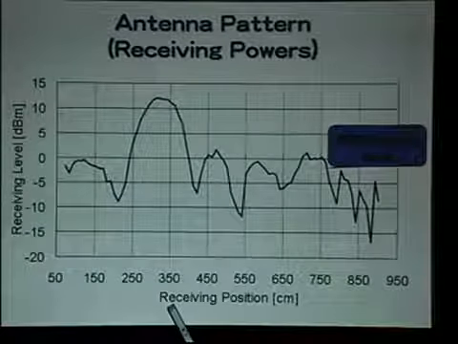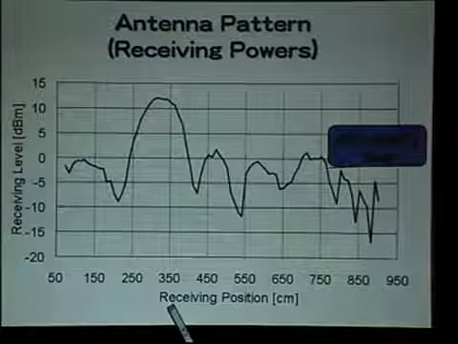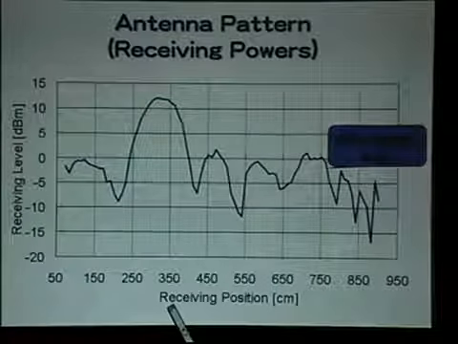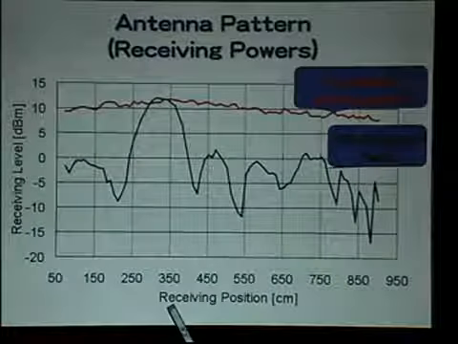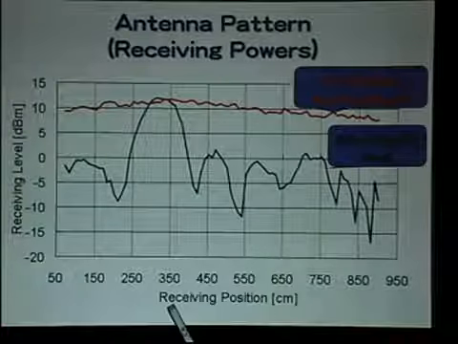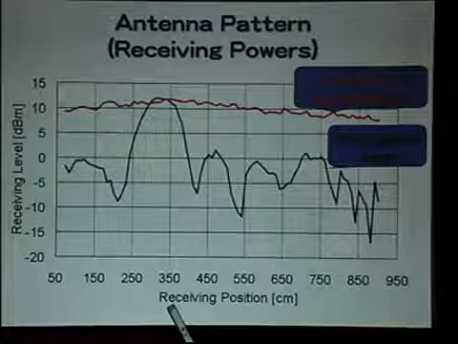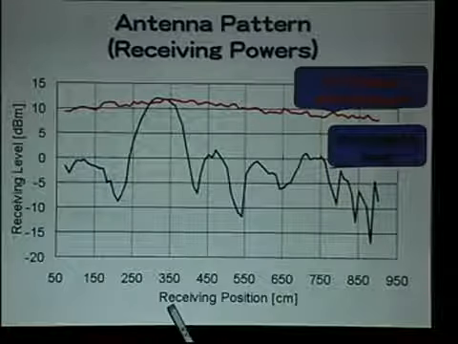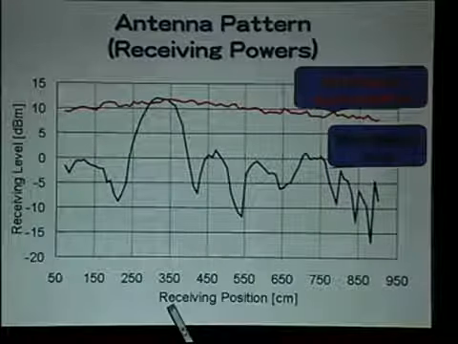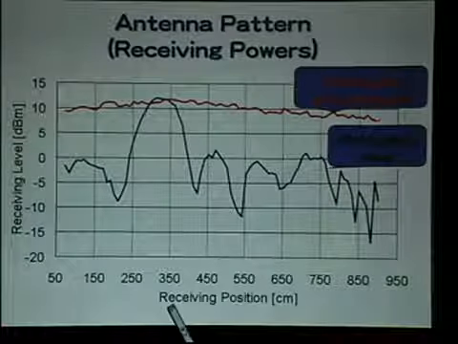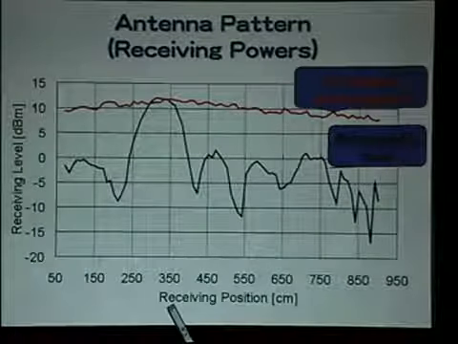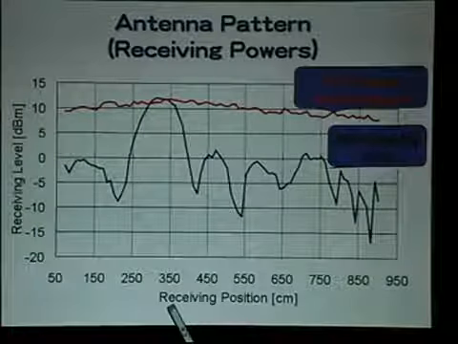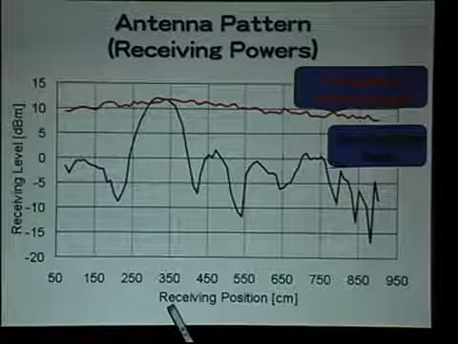When the pilot signal is fixed, we can measure the antenna pattern. But if we move the pilot signal together with the measurement microwave detector, it shows flat. It indicates that our transmitting system perfectly follows the pilot signal.